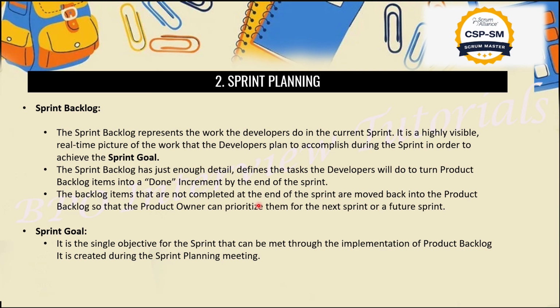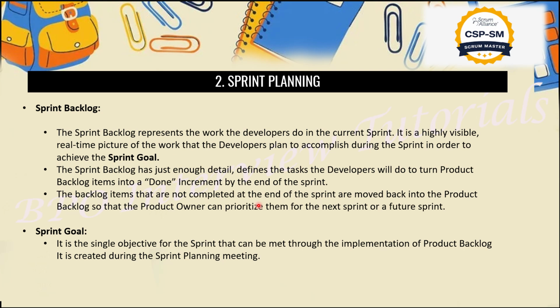For example, we got to know that the customer is looking for gallery images. Now the customer told us that he doesn't have gallery images right now. So in this particular sprint we will move that work back to the product backlog. Whenever he finds the gallery images, he will share them with us and we'll prioritize that work in another sprint, right? So in this way we will decide.